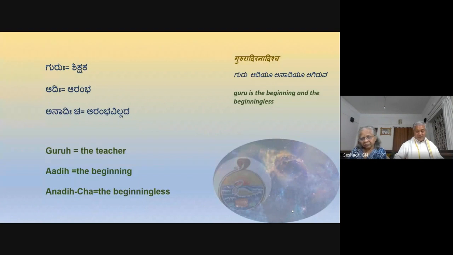In the waking state, you have all the three: the gross body, the subtle body, and the causal body. Sthula, sukshma, karana sharira, they are all functioning, and you are experiencing the gross universe. When you are in dream, there is no experience of the gross body. You have the subtle and the causal body.